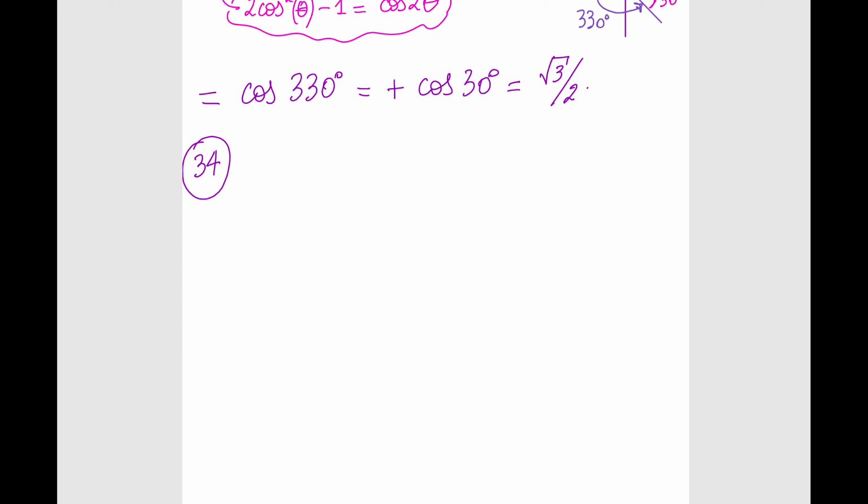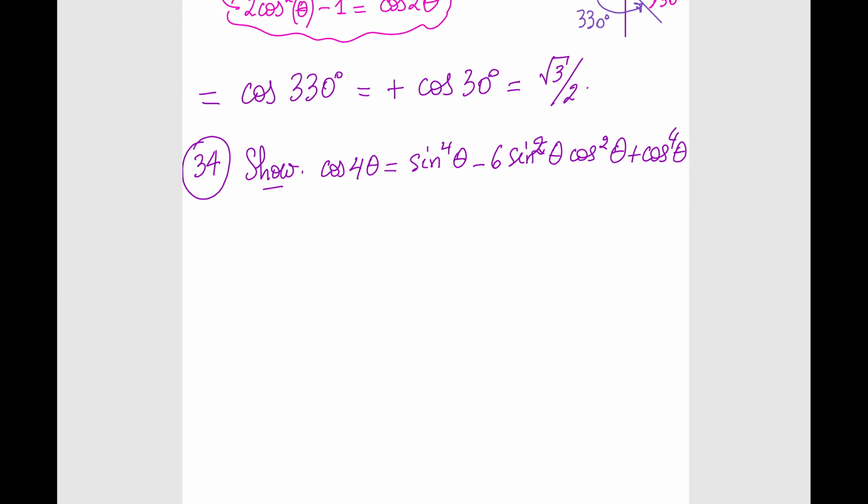We want to show the identity. So we want to show cosine of 4 theta is equal to sine to the power 4 theta minus 6 sine squared theta cosine squared theta plus cosine to the power 4 theta, right?